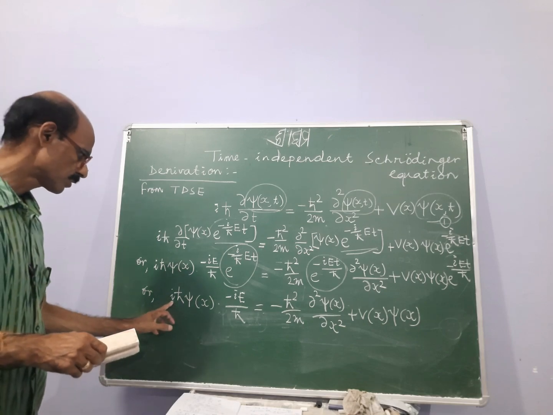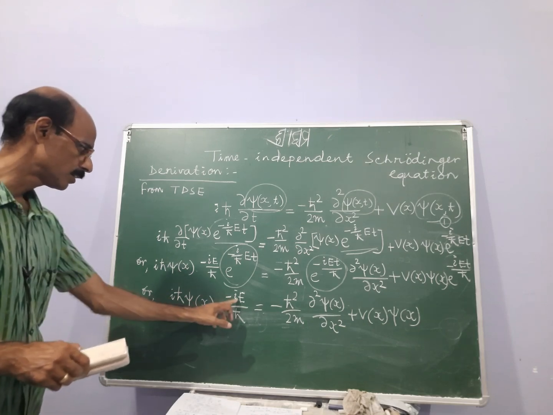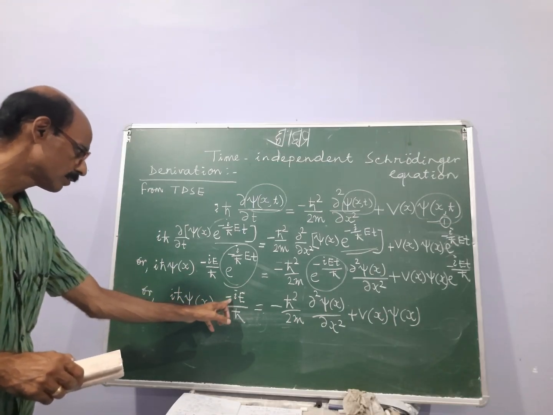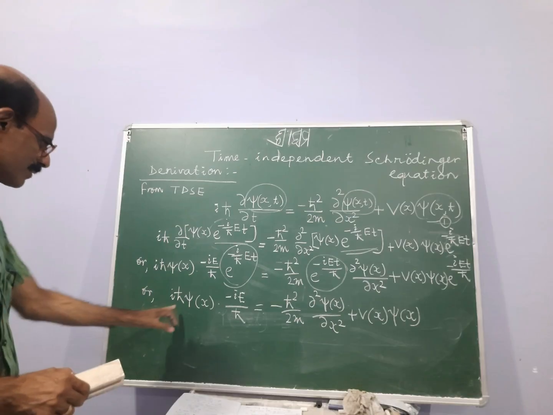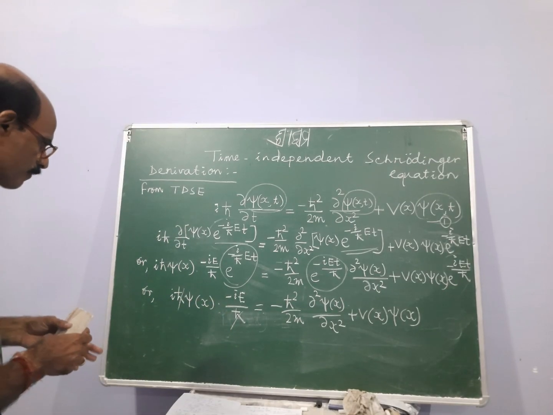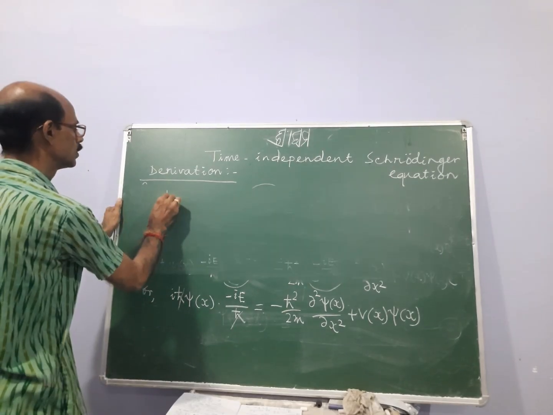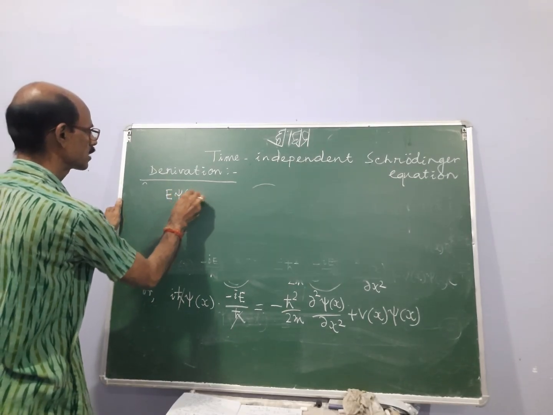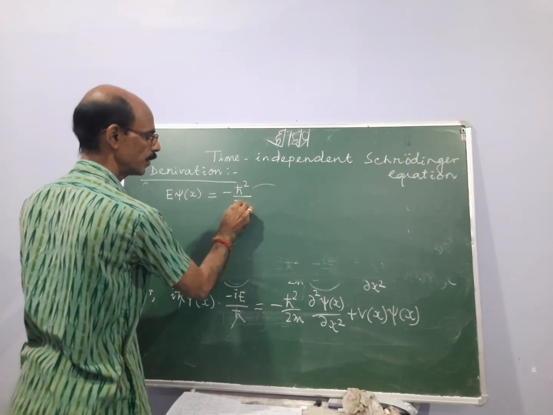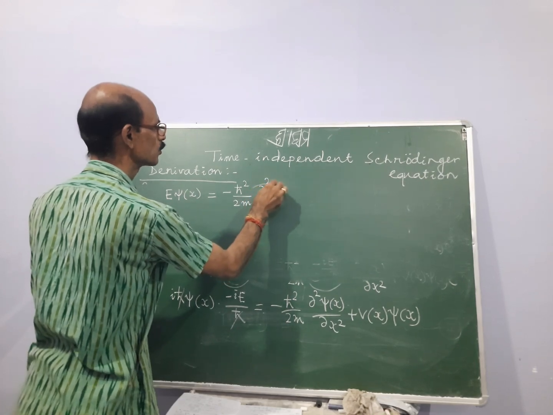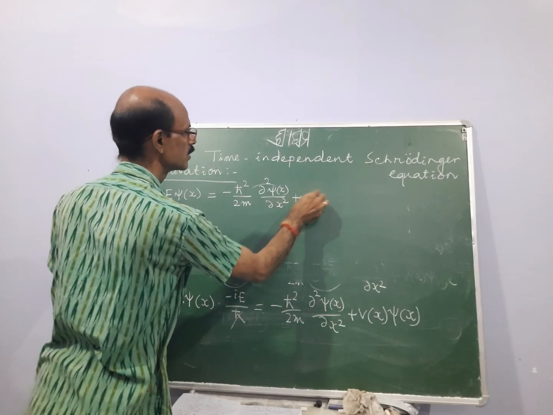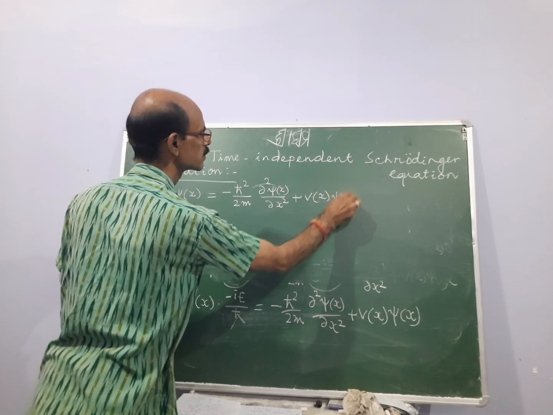Now here there is a minus sign, and i into i, i square, is minus 1, so this minus and this minus become plus, and h cut cancels out. So we obtain E psi x is equal to minus h cut square by 2m del square psi x by del x square plus V x psi x.